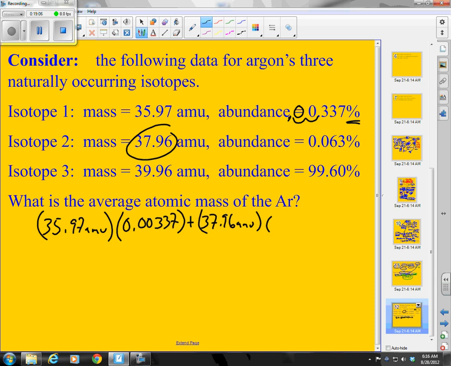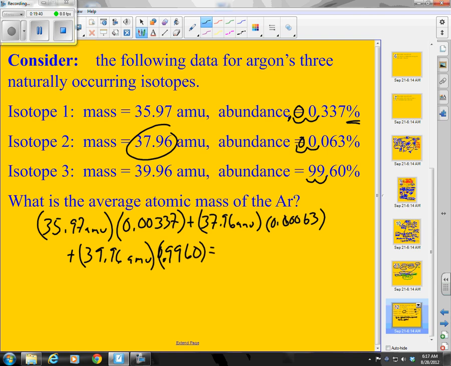Have to move this decimal 2 places to the left. 1, 2, and I have 0.000, those are zeros, 63 plus mass 3, 39.96 AMU times my abundance, move my decimal 2 to the left, 0.9960.